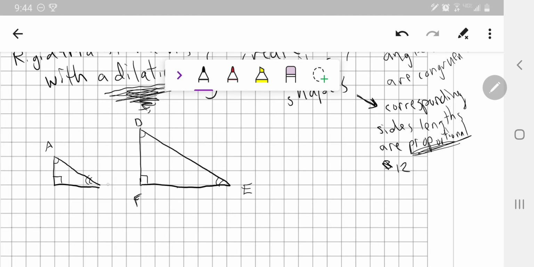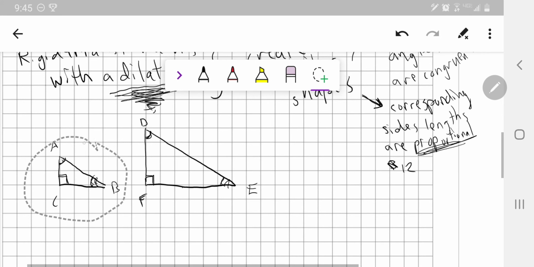Okay, if we call this A, B, and C, we can see that these two triangles look very similar. In fact, I've already drawn in that this angle here looks about the same as that angle there. I put two arc lines here, two arc lines there to show that they correspond, and then we have our right angle C and our right angle F. If we were to put them on top of each other, let me try this.